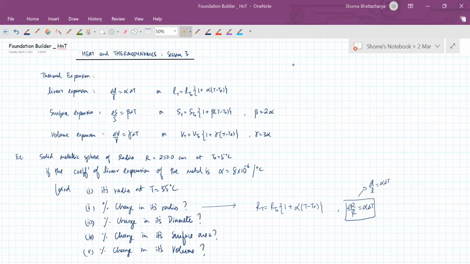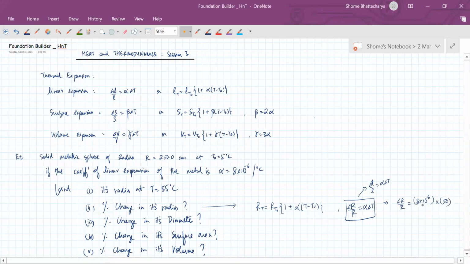Okay. So you can calculate it this way also. So alpha is 8 into 10 raised power minus 6, and the temperature change is 50 Kelvin or 50 degrees C. So this is 4 into 10 raised power minus 4.